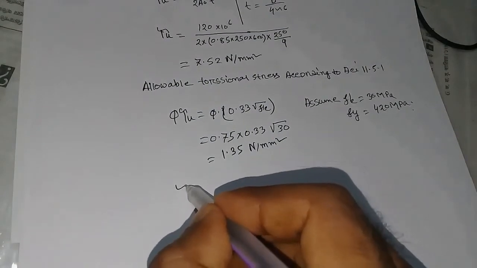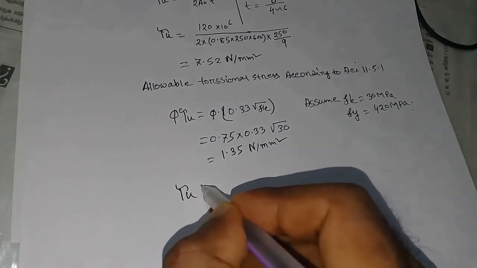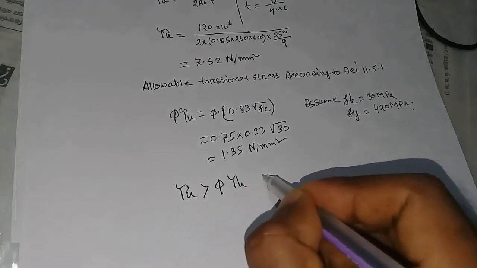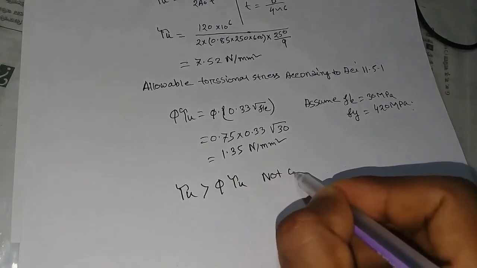Here tau u is greater than phi tau u, so not okay.